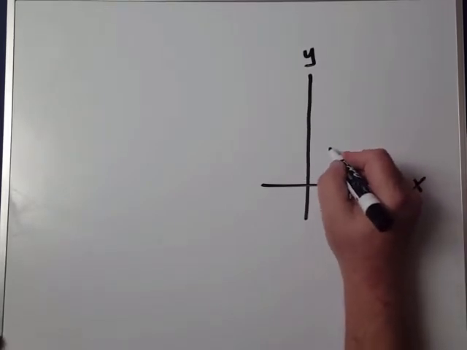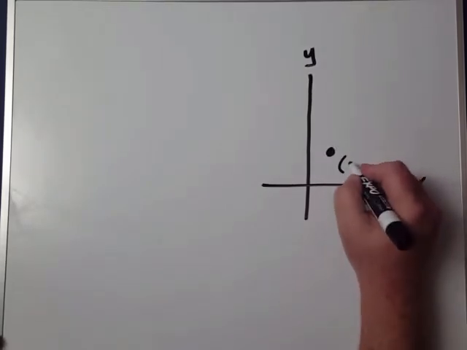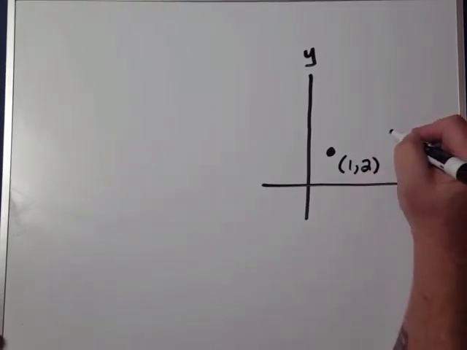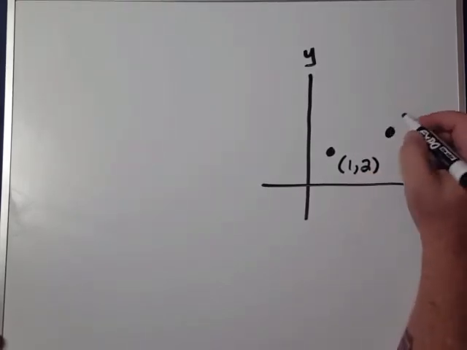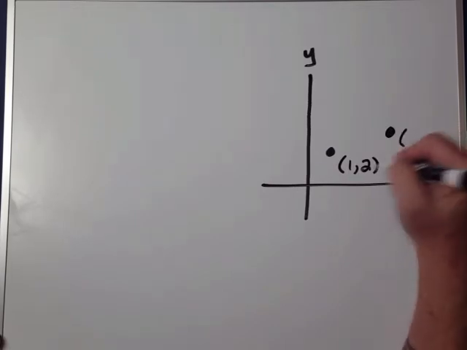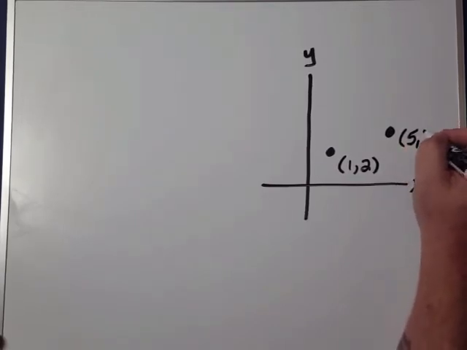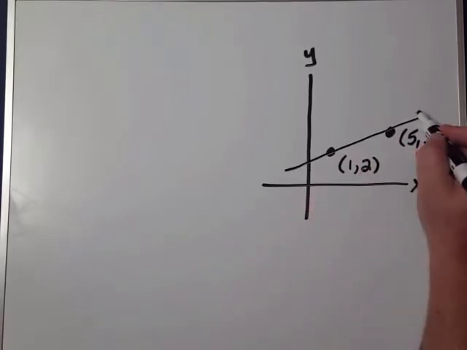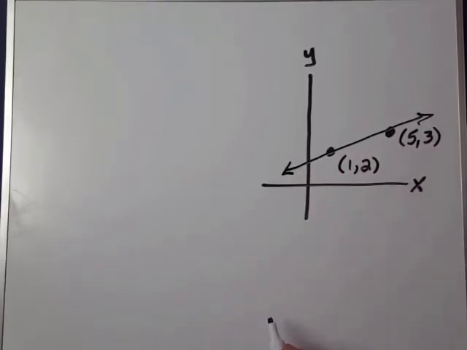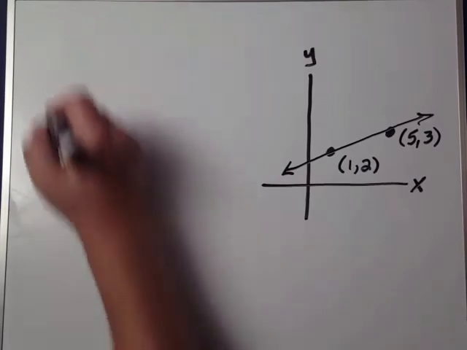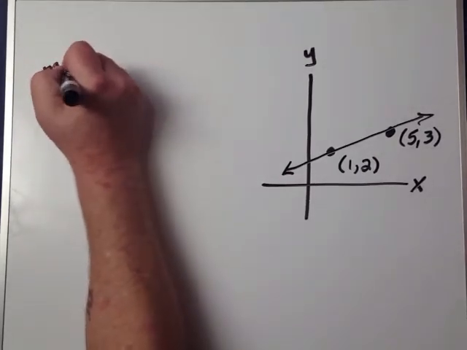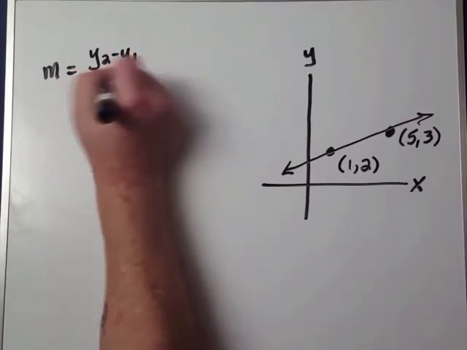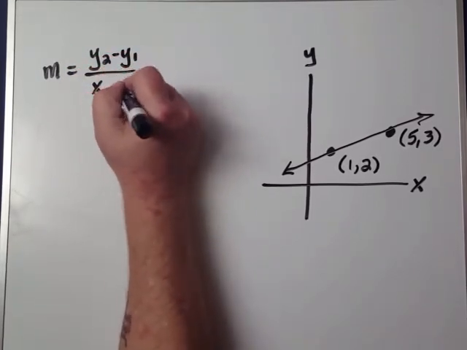Let's say that we have the point (1, 2), and perhaps the point, I don't know, that might be what? (5, 3). So we're talking about this line. And I want to know the slope of that line. Well, the slope is the change in y per change in x.